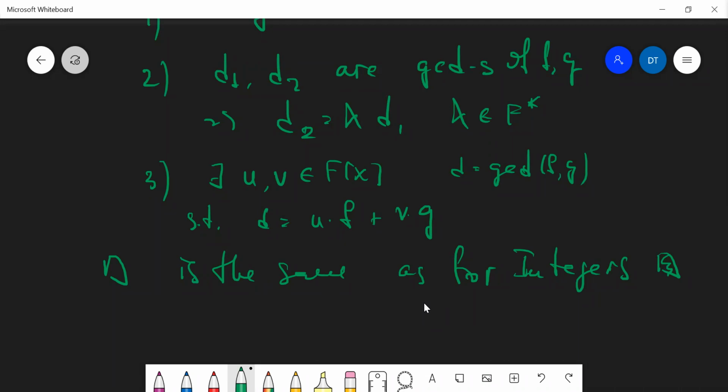In the case of polynomials, when we want to do the same thing, instead of modulus, we use the degree. So instead of saying we consider the smallest possible integer, we say we consider a polynomial with the smallest possible degree. So this is how you adapt the proofs from the world of integers to the world of polynomials.